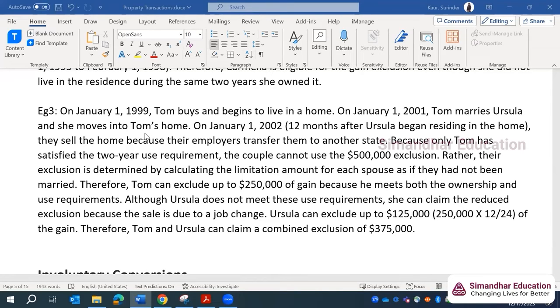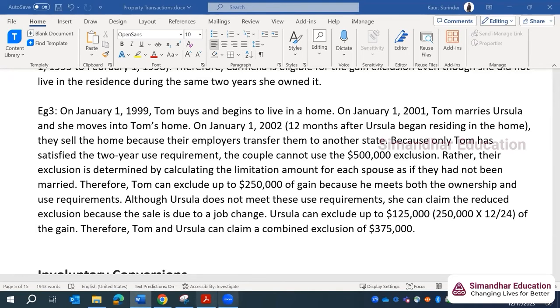Now, if you are selling your house because there is a change in the employment, does that fall under the hardship provision? Yes, no, maybe.